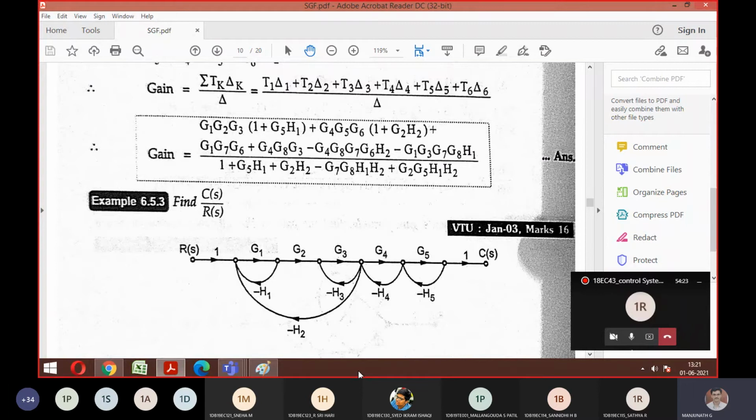Okay. Now tell me how many non-touching loops you have. You tell me with respect to your feedback, because H1, H2, H3, someone has taken differently. No. So you tell me in terms of H1, H2, H3, H4, H5, how many 2 non-touching loops you have?